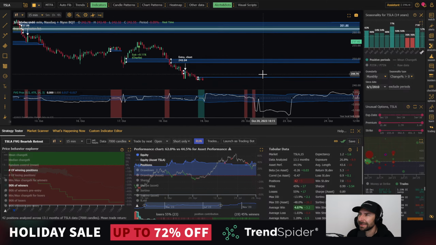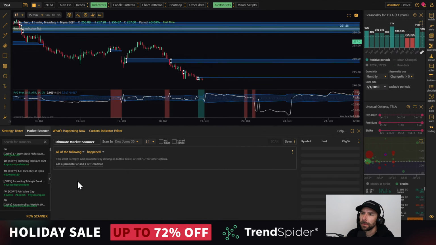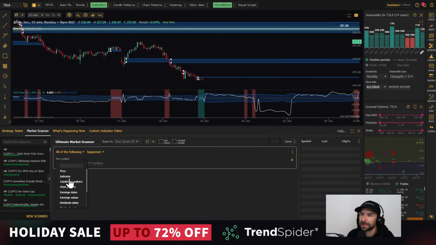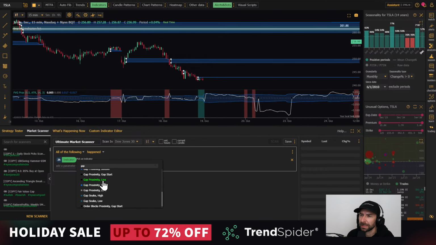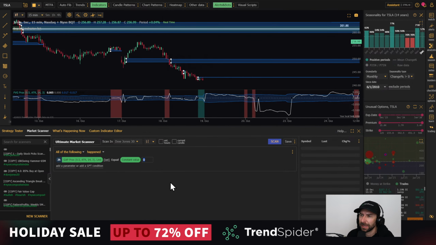Anywho, guys. These are also good, like I said, for gaps too. So if you do this indicator, let's choose, I don't know, 2 hour. And then gap proximity line is equal to a constant value of 0.